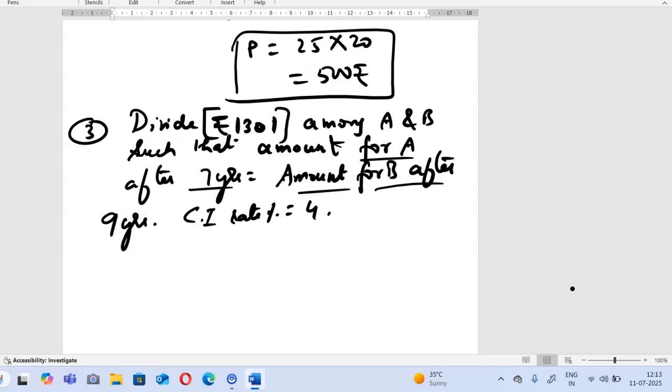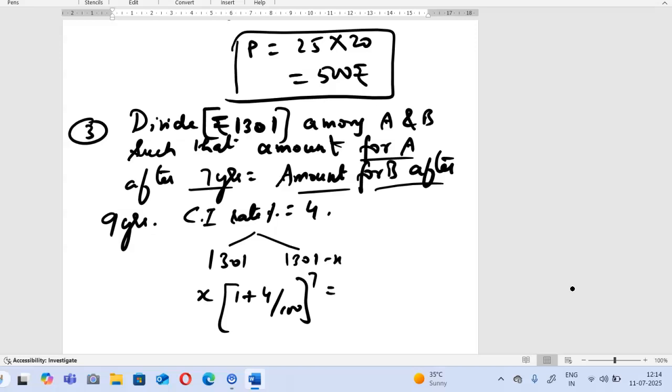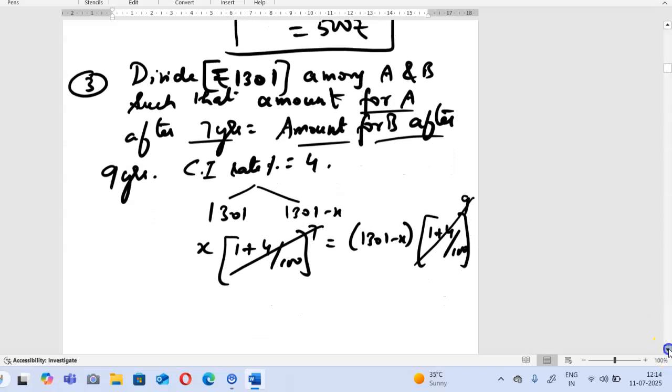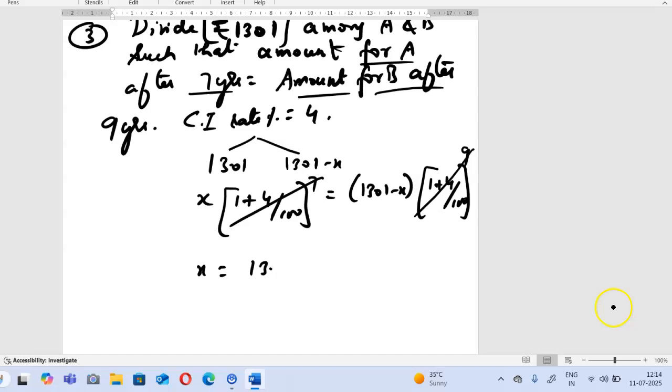So 1301 you are splitting into two fragments, namely x and 1301 minus x. So the equation goes like this: x times (1 plus 4 by 100) to the power 7 equals (1301 minus x) times (1 plus 4 by 100) to the power 9. Straight away this value gets cancelled, so x equals (1301 minus x) times (1 plus 4 by 100) whole square.